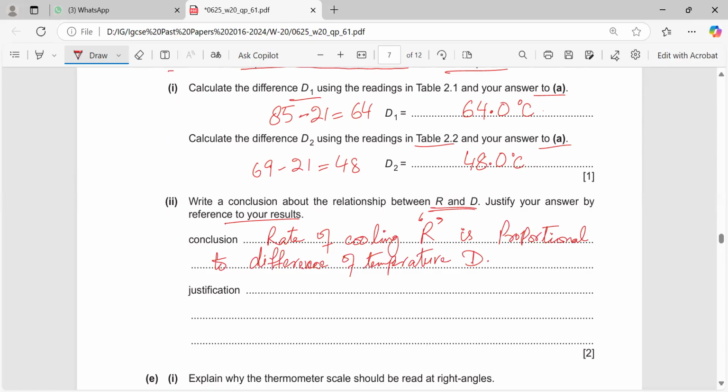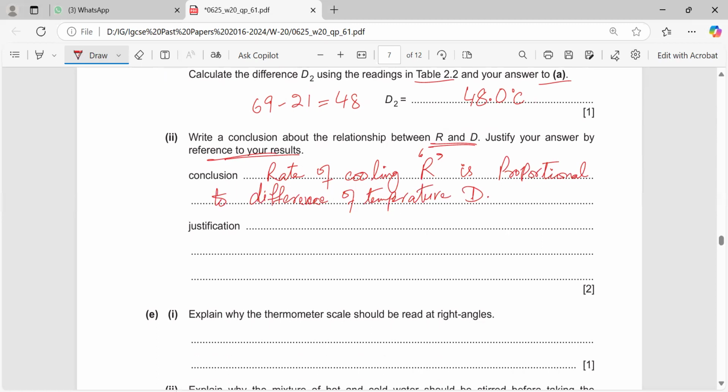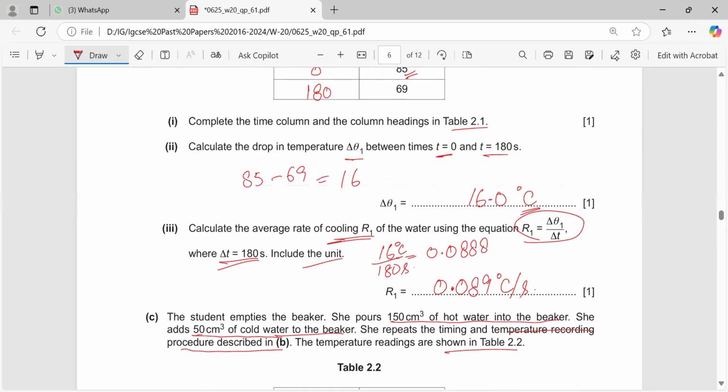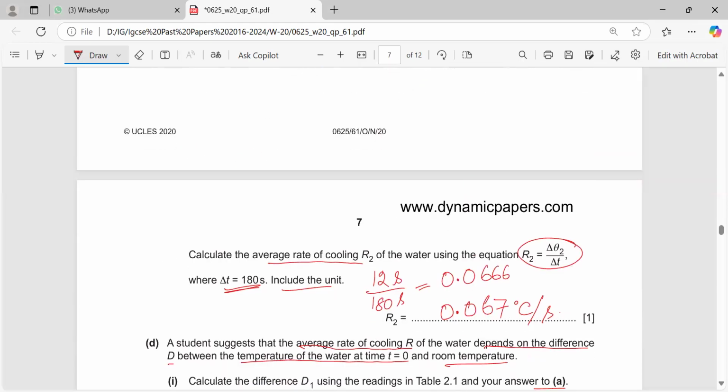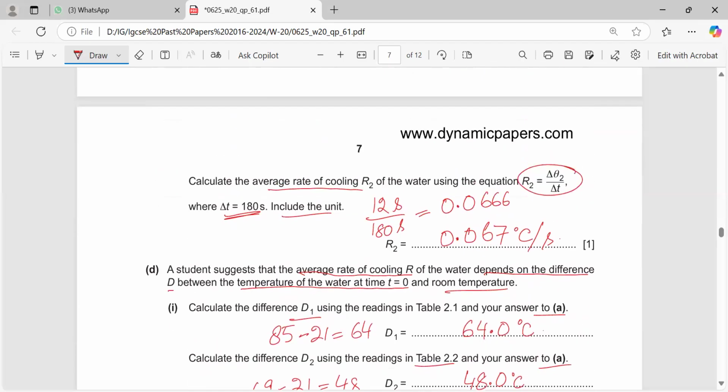So now the justification, with reference to the results. We already have the results. For D1, when it is 64, the rate of cooling was 0.089. And then when the difference of temperature is less, that is from 69, the rate of cooling is 0.067.